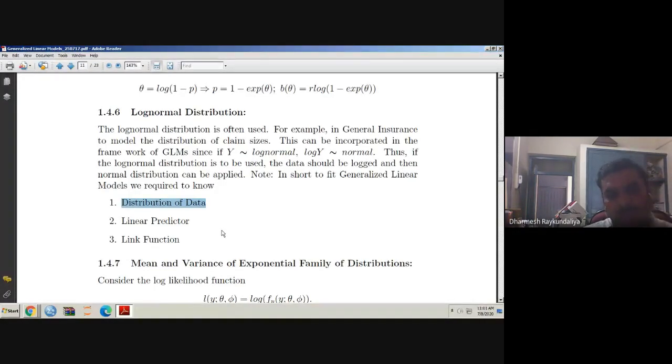So by looking at the nature of the data, we can identify the distribution of the data. Once we get the distribution, we can immediately get the link function because we know the form of theta. Then we have to identify which variables are really responsible for developing the models, so how many linear predictors are to be added in the models, and then we can develop the models.